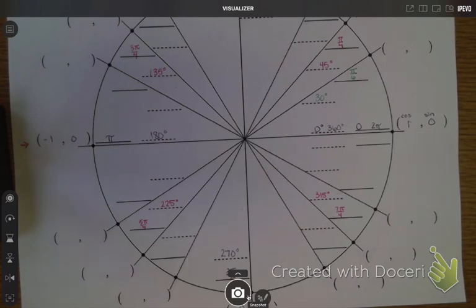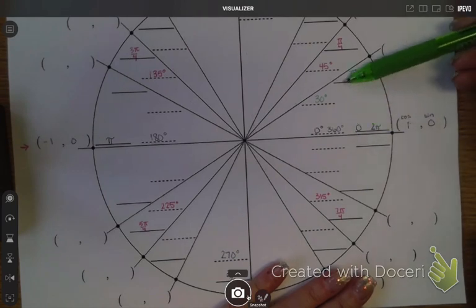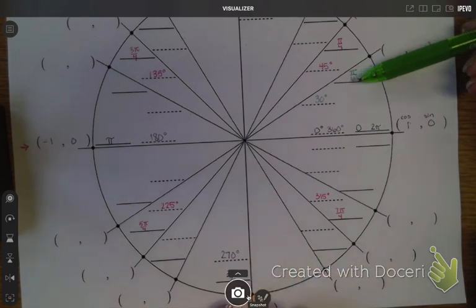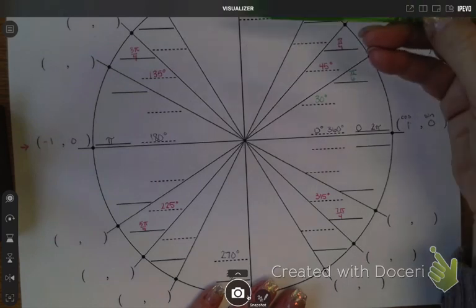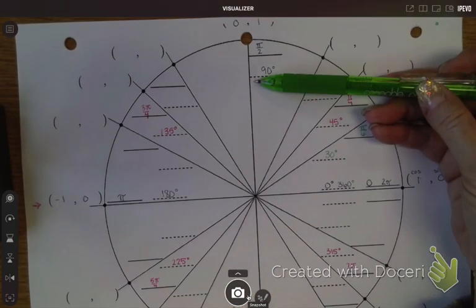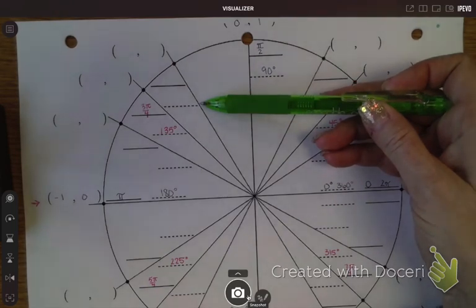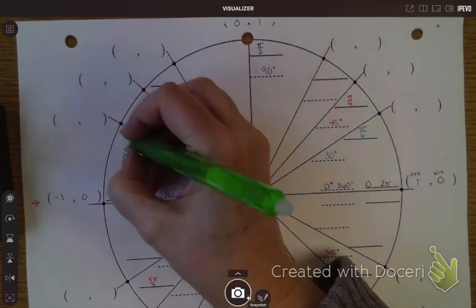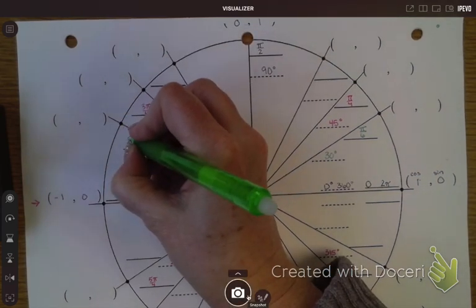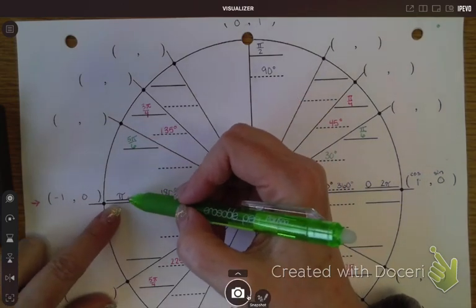I understand. Okay, so then I have 1 more than 0 was pi over 6, yes? And then I'm going to go 1 pi over 6, 2 pi over 6, 3 pi over 6, which gives me pi over 2. 4 pi over 6, 5 pi over 6. And then 6 pi over 6 is just pi.